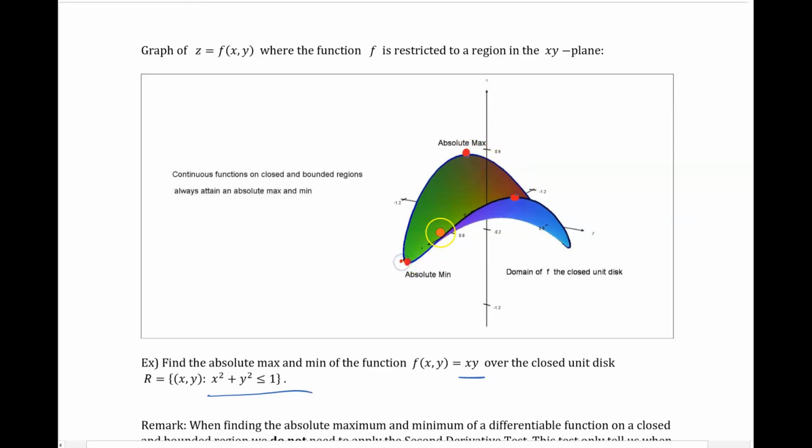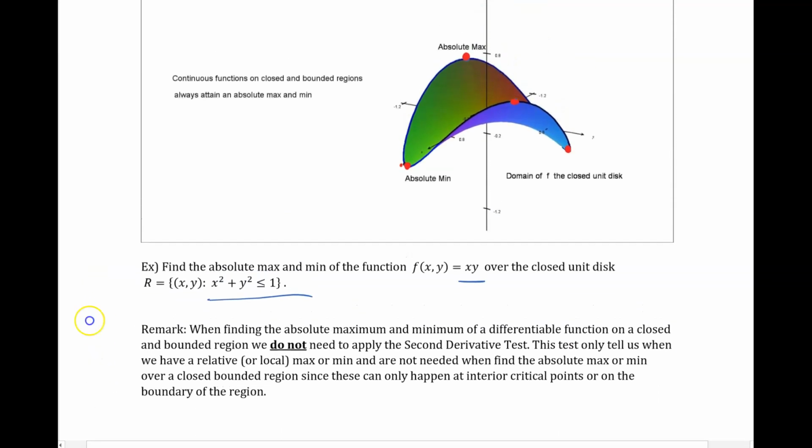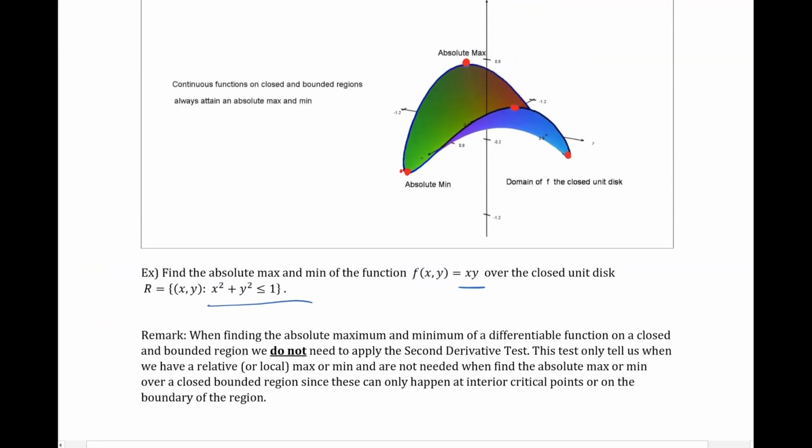There's also an absolute minimum, which happens in two different places. A continuous function on a closed bounded region has to attain an absolute max and absolute min, and we're going to be finding those. Quick remark, similar to Calc 1: we don't need to apply the second partials test or the second derivative test when finding absolute mins and maxes. That's only for relative or local mins and maxes.